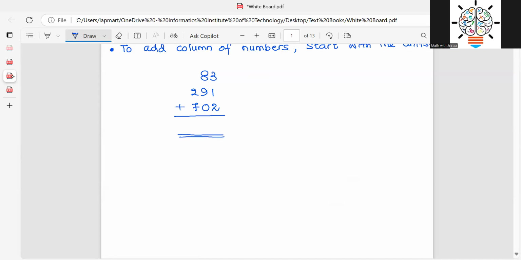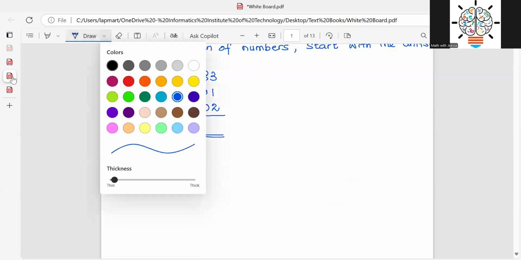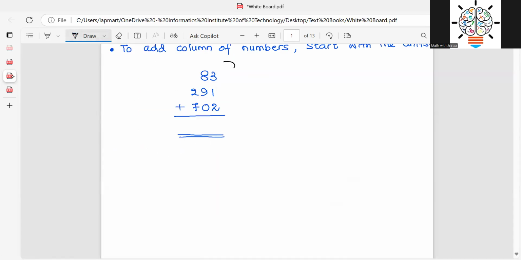So what are these columns? If I take the black color one and show you, this we call the unit column, right? So this we call the unit column, right? So what is this? This is the tens column, right? Tens column, right? And what is this? That is the hundreds column, right? That is the hundreds column.